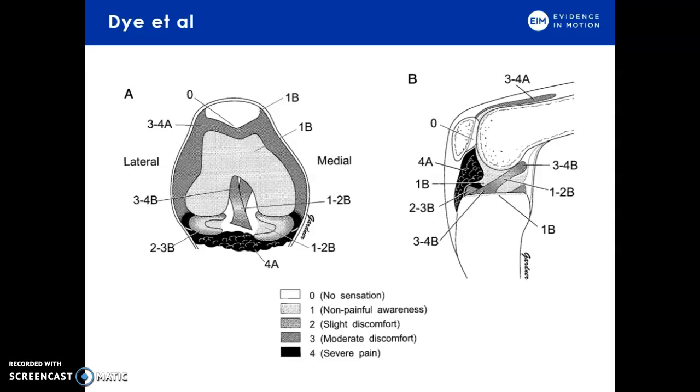And so that's always kind of one that people don't necessarily take into account when they're looking at anterior knee pain. So a lot of times if you take that distal patella and you apply a little bit of pressure, you'll see these two little pockets on either side, medial and lateral, kind of pop out. Those are your fat pads. And they are highly sensitive with nociceptors, pain receptors.